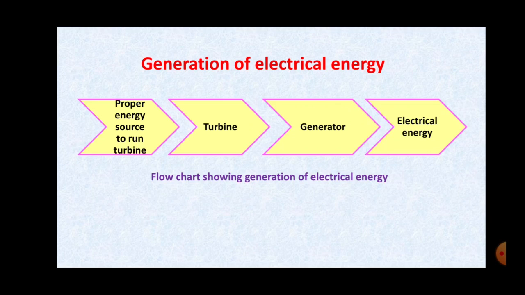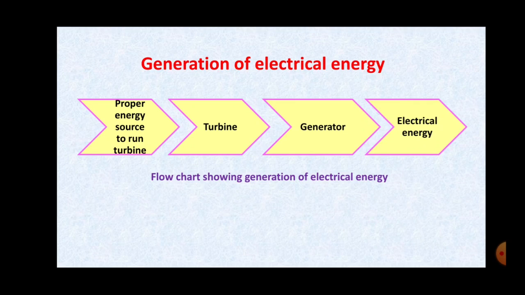Now, in this flow chart, the sequence of the plant is shown. First, the turbine is used to rotate the magnet in the generator, and the turbine is rotated with the help of a flow of liquid or gas which falls on the blades of the turbine, right?